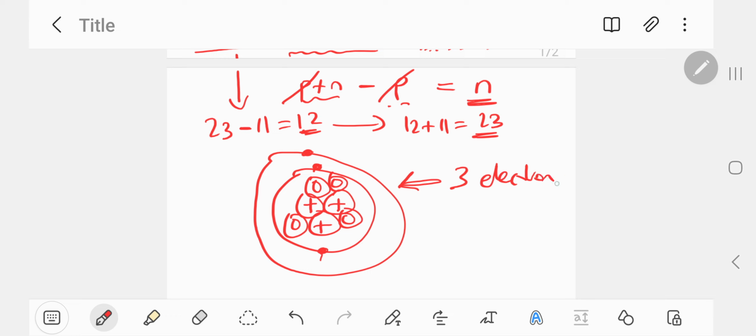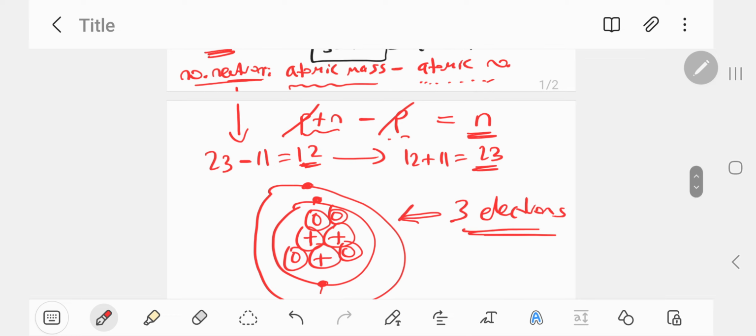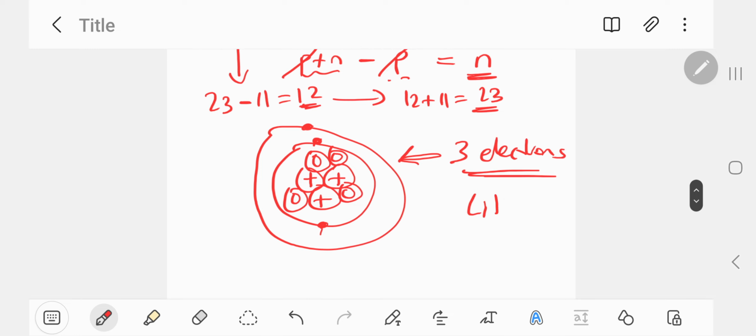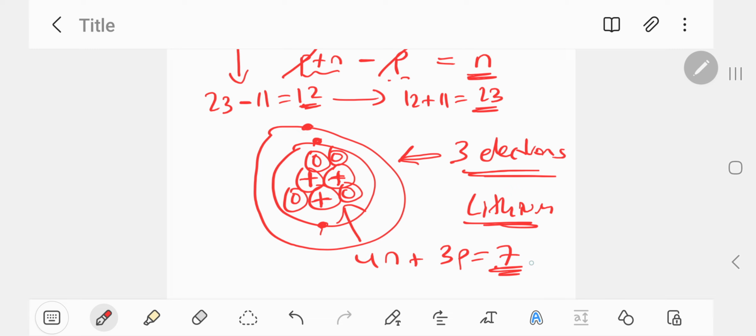So you go to your periodic table and you look for the element with the atomic number of 3. And that element is lithium. Okay, 3 electrons. It's also got 3 protons. And there's 4 neutrons. So 4 neutrons plus 3 protons gives you 7, atomic mass of 7. Indeed, lithium has an atomic mass of 7. Okay, it's 6.941, but it's about 7.